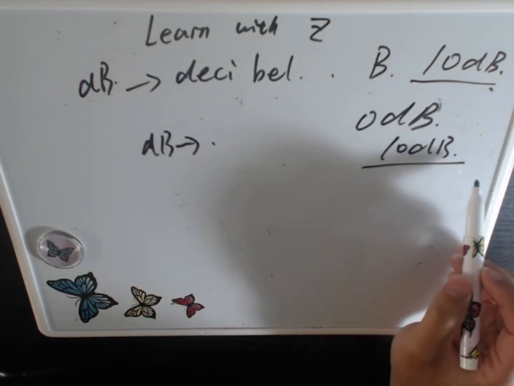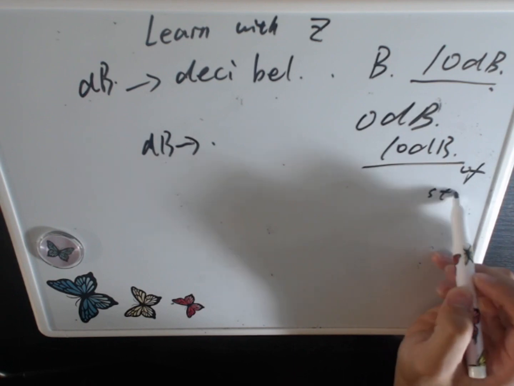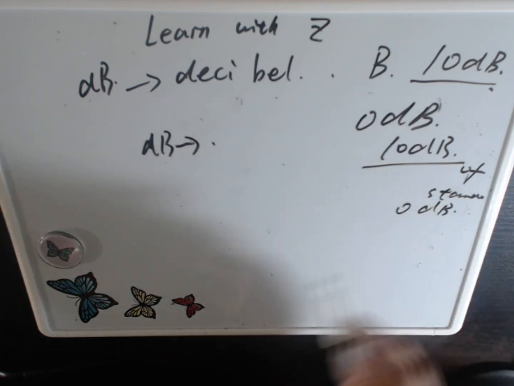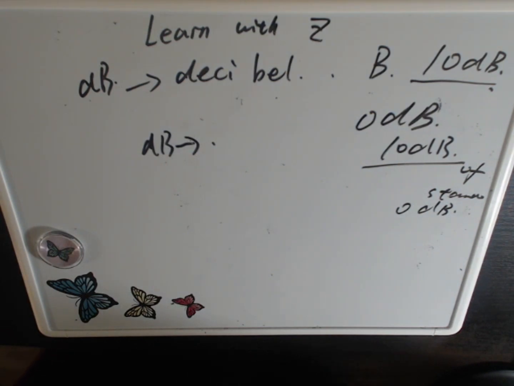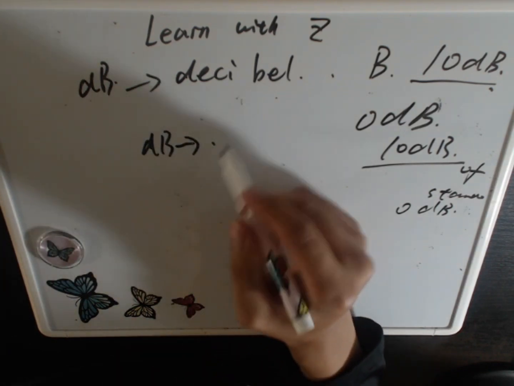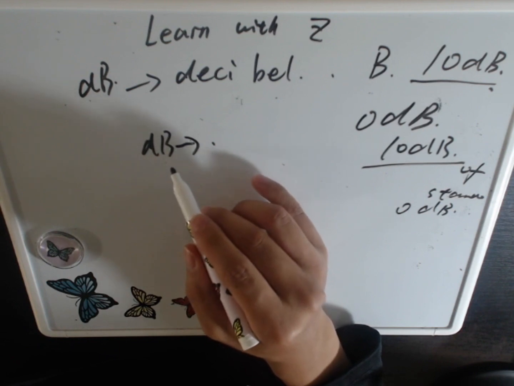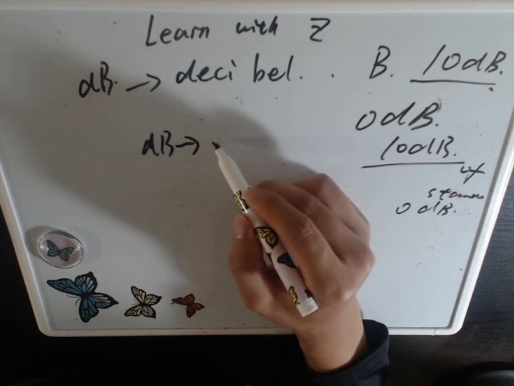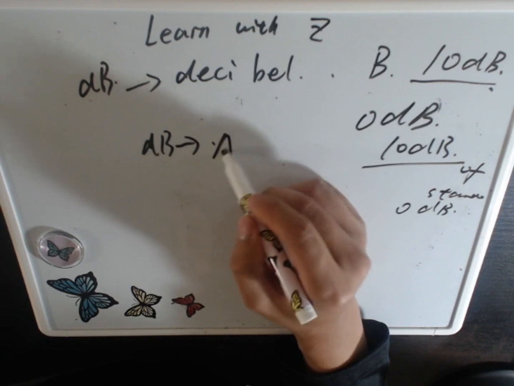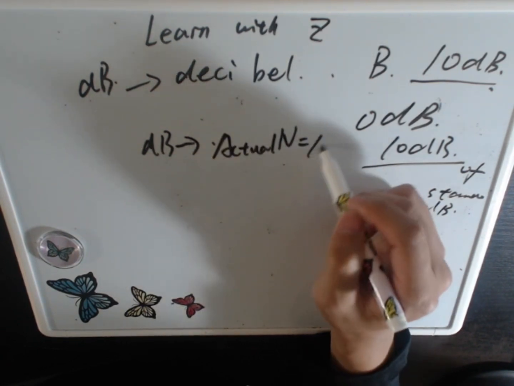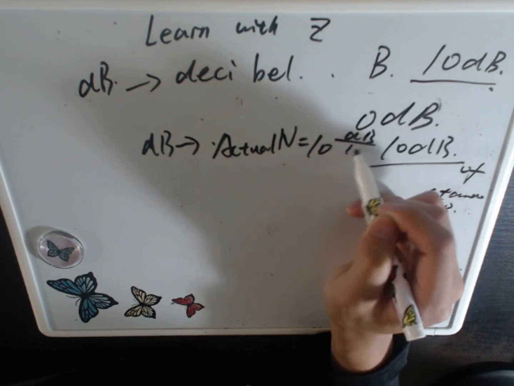What that means is when I say 10 dB, it's 10 dB off a standard, usually 0 dB. dB is not a unit. It's a ratio. To convert dB to an actual number, we use: actual number equals 10 to the power of dB divided by 10.